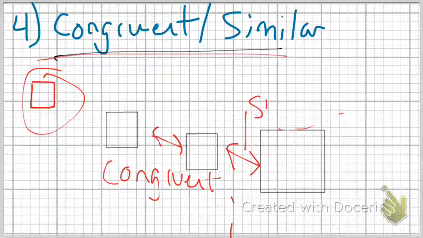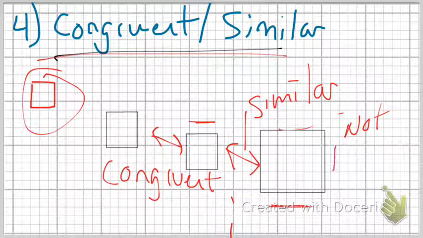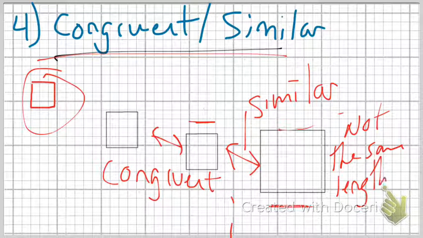These are similar. What is different between this and this? Well, for starters, they're not the same length and width. But are their interior angles the same?